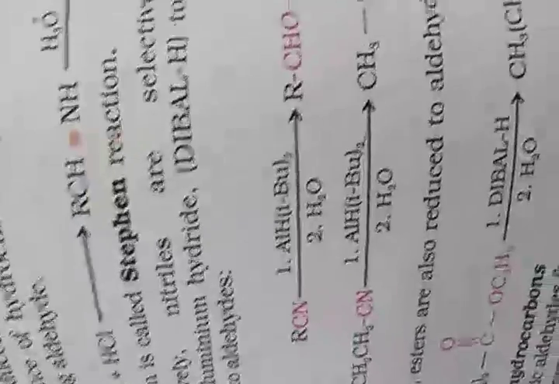Very simple. Again, using another reagent, simple nitriles RCN with AlH(i-Bu)2 followed by H2O are converted into RCHO, from nitrile to aldehyde.